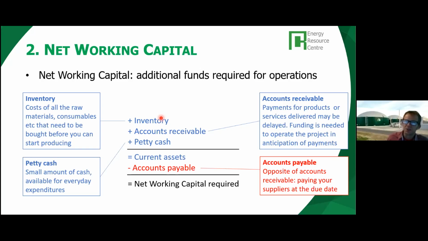On the other hand, if you start producing, you start producing electricity. It will take a little while before you will start receiving income. This could be one or several months before, let's say, the first bills are being paid.